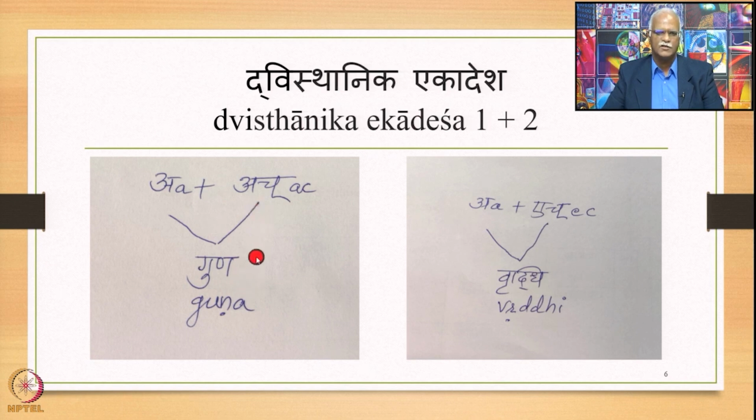This is the first instance. And the second instance is if a is followed by ech, both of them get substituted by vriddhi. Of course, in the samhita mode. So a and ech, a and ach, they are all in the samhita mode. And guna over here and vriddhi over here are the substitutes.